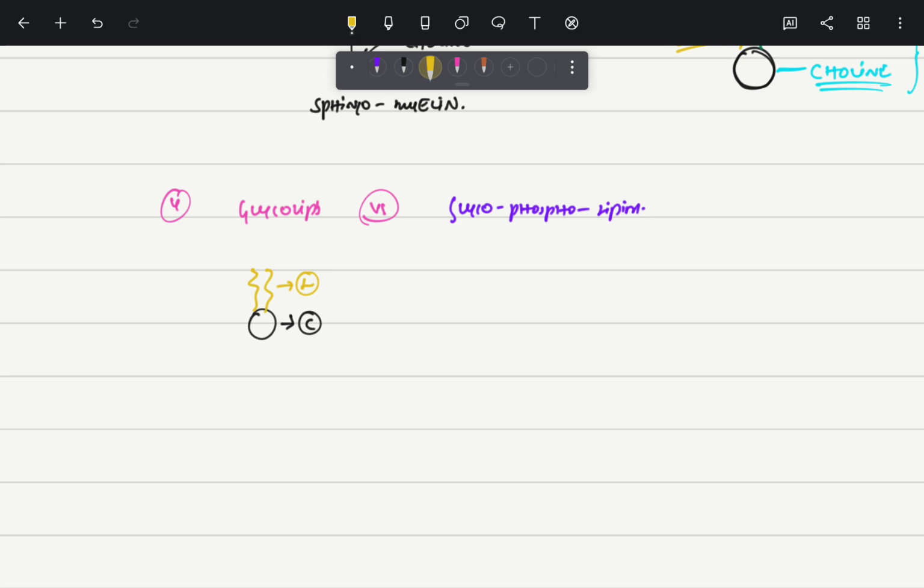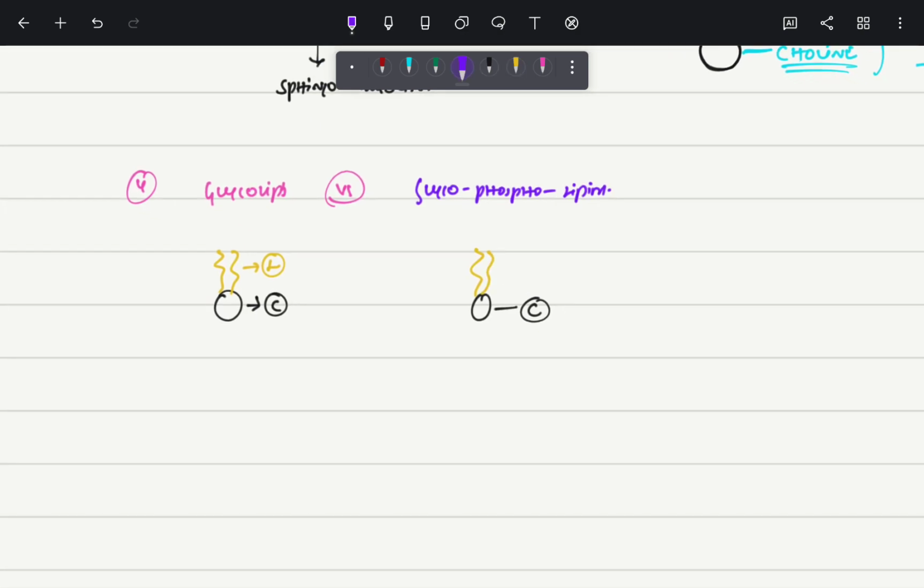Hence they are called glycolipids. But in the case of glycophospholipids, it has a carbohydrate, it has lipids, and to this, this one is glycosphingolipids.